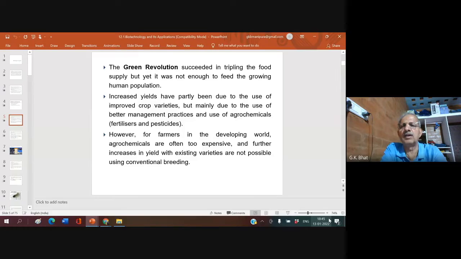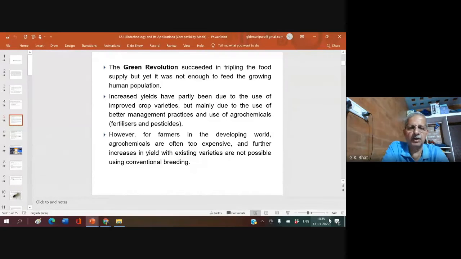The green revolution succeeded in tripling the food supply, but it was not enough to feed the growing human population. Increased yields have partly been due to improved crop varieties, but mainly due to better management practices and the use of agrochemicals, fertilizers, and pesticides. However, for farmers in the developing world, agrochemicals are often too expensive.